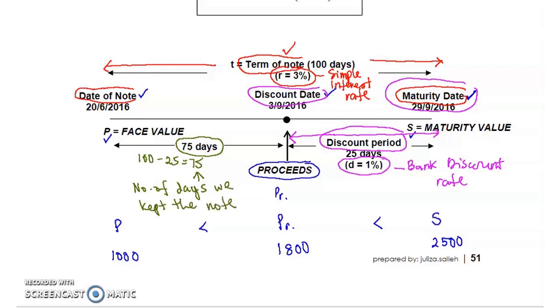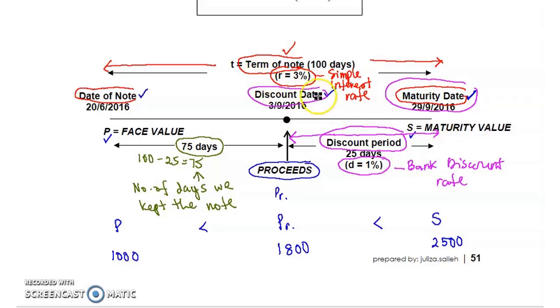So that means on 20th June, you sign a promissory note and keep it for 75 days. After 75 days, suddenly you need more cash, so you sell the note to the bank in order to get more money. When you sell it to the bank, we call that discounting the promissory note.